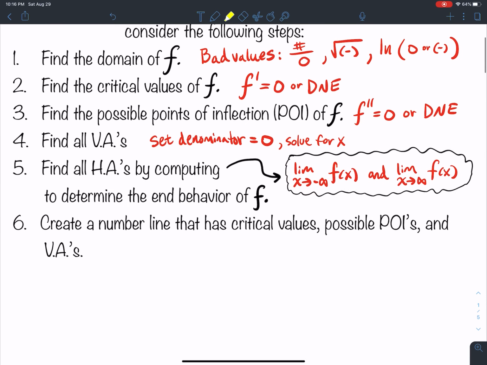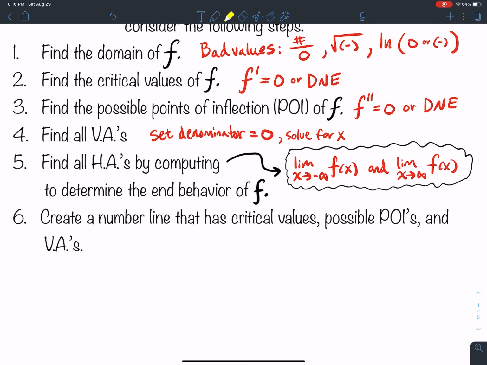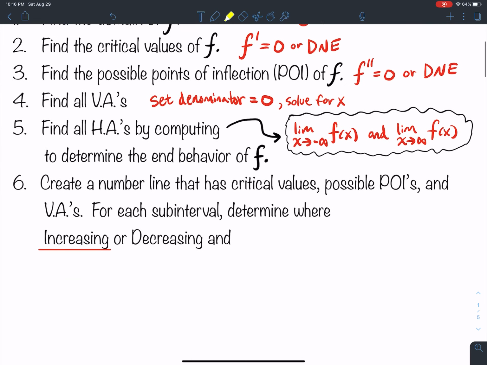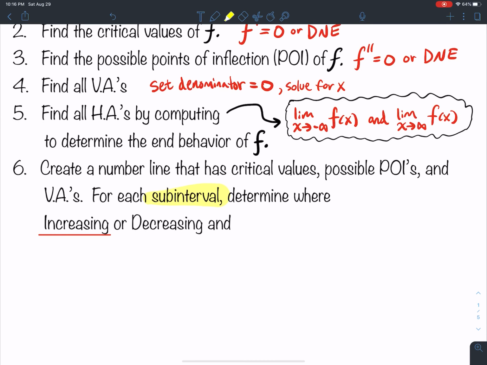Cool. Number 6, we create a number line that has the critical values that I found in number 2, all the possible points of inflection, and then vertical asymptotes that you found, okay? So create a number line for each of the sub-intervals, right? So I want to figure out, is it increasing or decreasing?